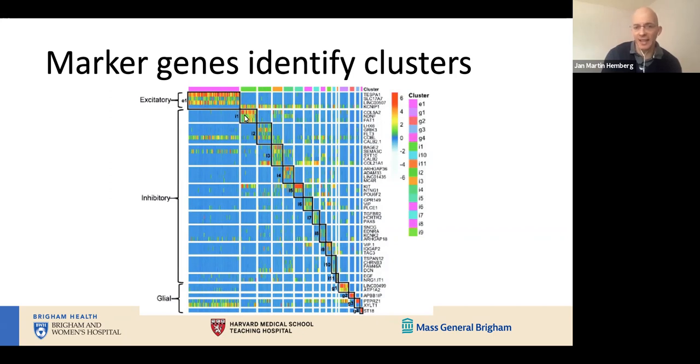So you can see the diagonal here, which corresponds to the marker genes. They are highly expressed in one cell type and low pretty much everywhere else. So these are typically very useful. If you find those, you can go into the literature and try to understand what each of the different clusters that you have identified represent, because there is a lot known already about different markers corresponding to different cell types.